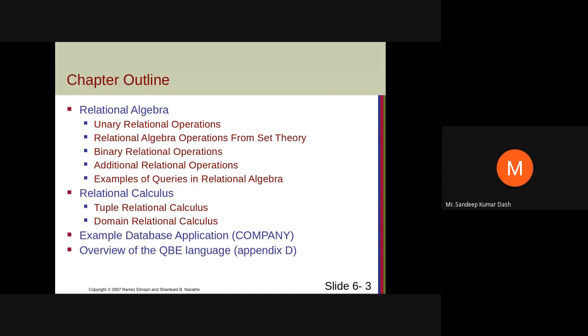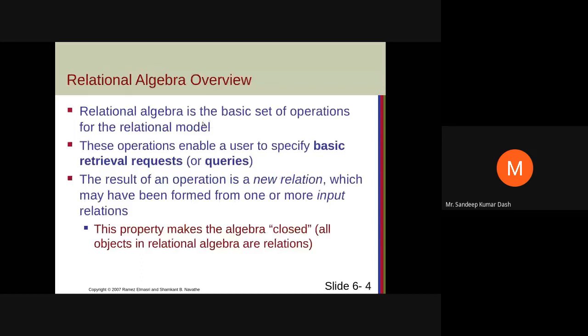So initially, what is relational algebra? Under this, you have a set of operations that works on relational models. These are called formal representation of a query, a formal query, not an actual executable query.